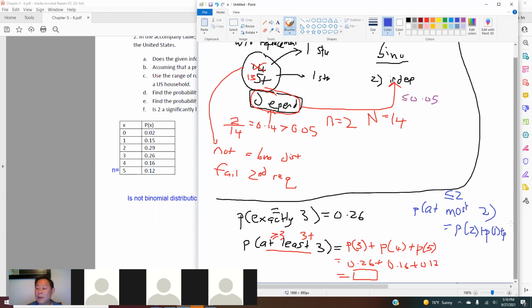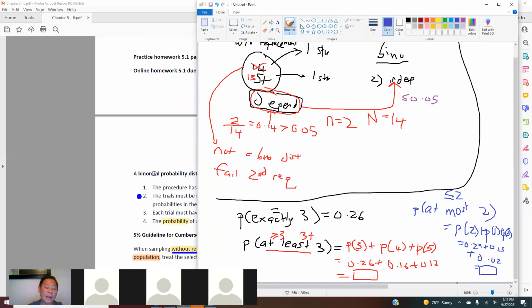That means you add anything that is 2 or lower. If you look at this table, you add 0.29, 0.15, and 0.02. So that is the meaning of the words at least and at most.